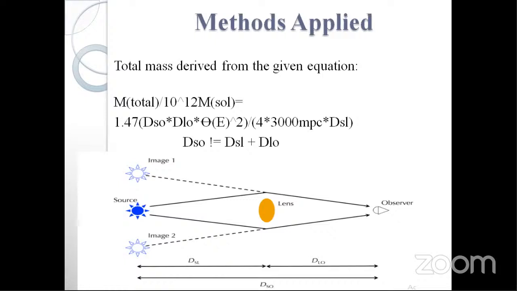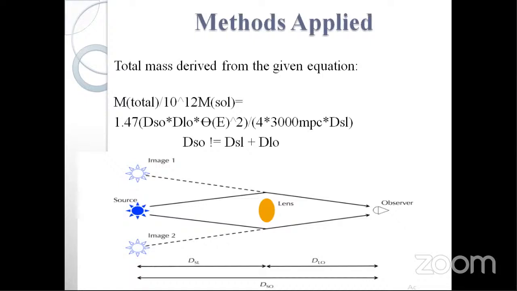So as you can see, the following formula for total mass is in convenient 10 to the power 12 solar masses units. We see some D's. These D's are the angular diameter distances. Like in the figure, image 1, you can see DSO is the distance between the source, that is the source which is being lensed, and the observer.